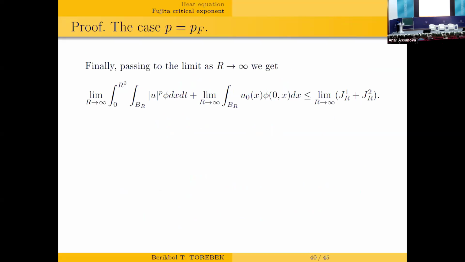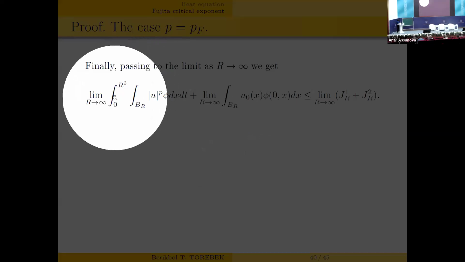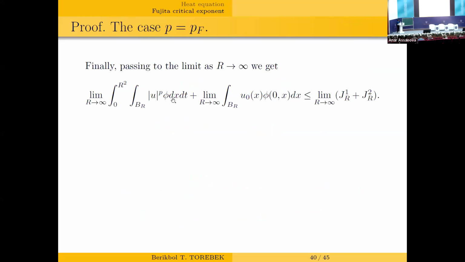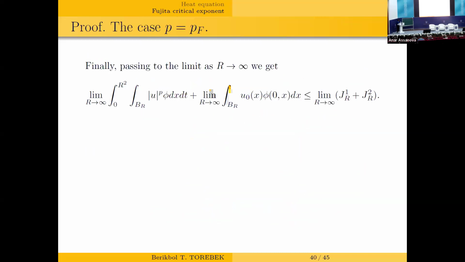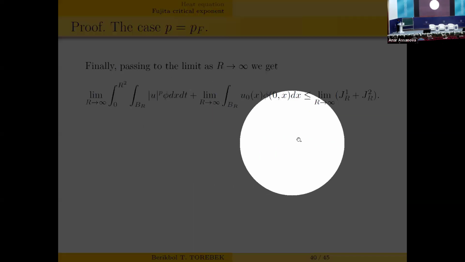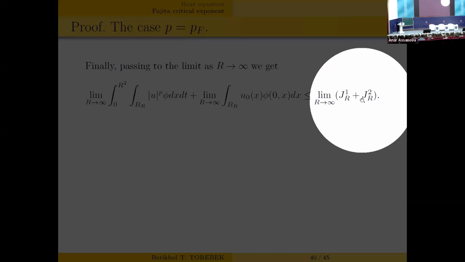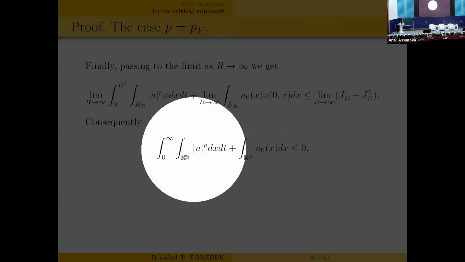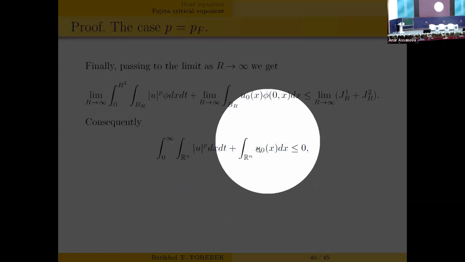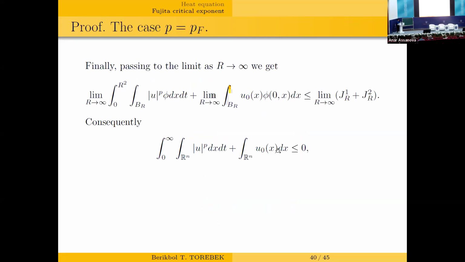Then we can go to the limit in expression 8. Then we show that the limits of G1 and G2 go to 0. Then we have a similar one: this one plus this one will be non-positive. This is also a contradiction, and it means that there is no global in time solution.